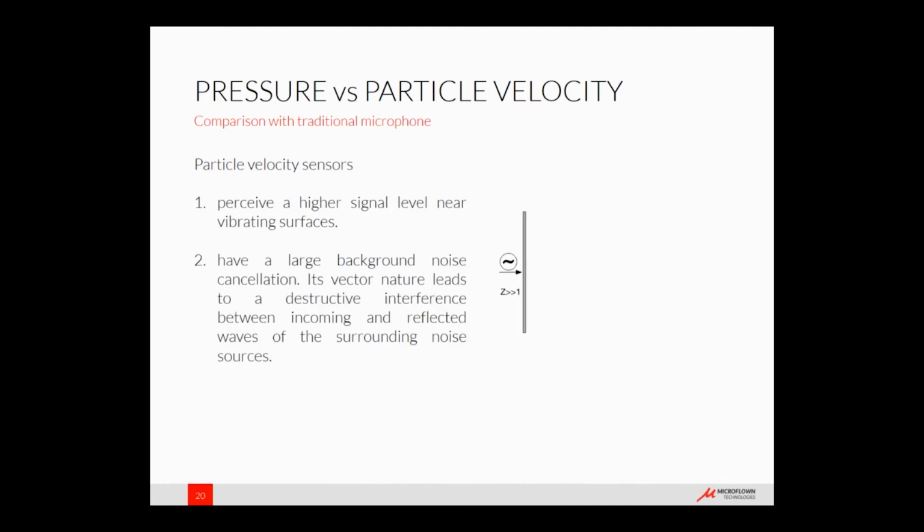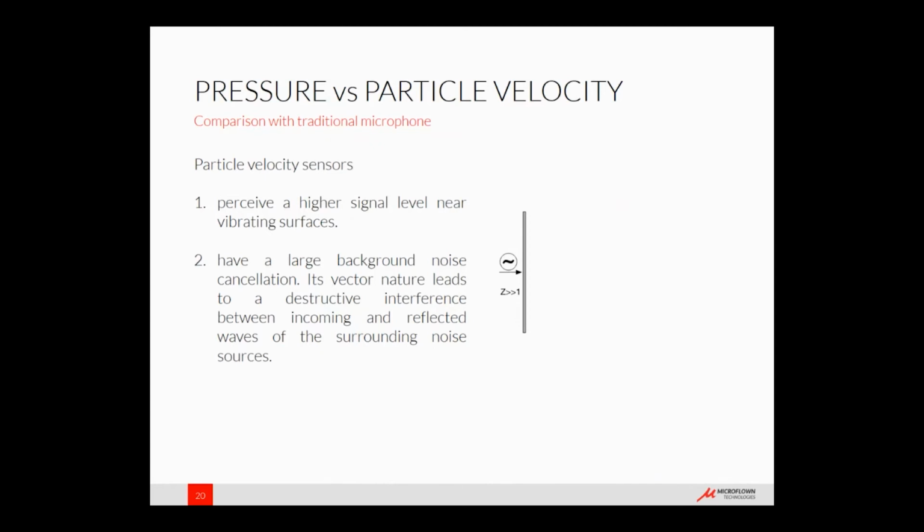On the other hand, the second part of the near field effect is related to external sources. So not the source that you want to measure, but the surrounding noises of the environment, background noise and reflection.